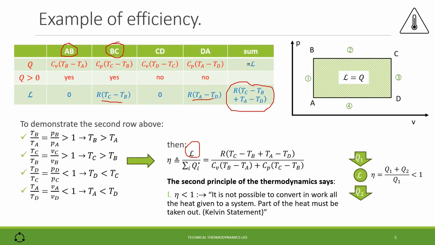In other words, we can write efficiency as the sum of the heat given and taken out, one positive and one negative, and the heat given to the system. This ratio must be always less than 1.